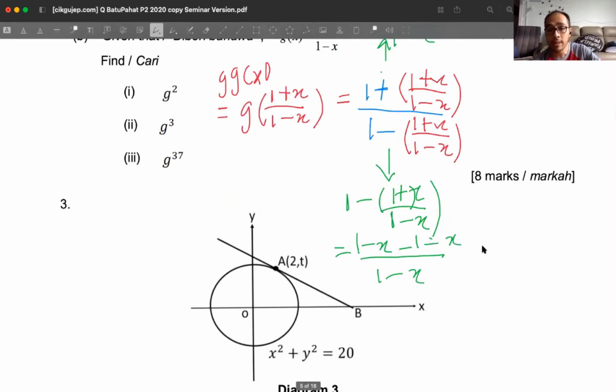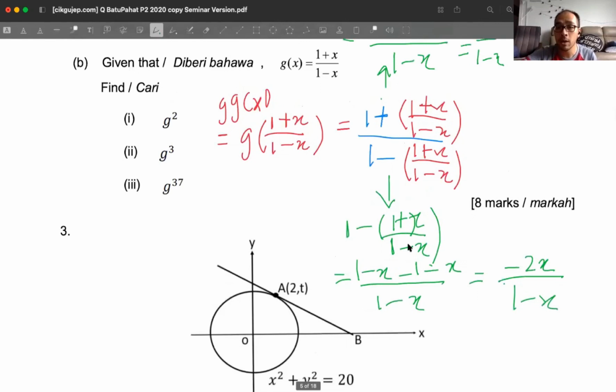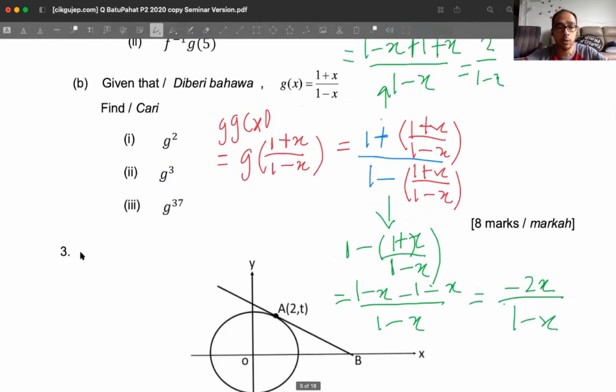So this will give us 1 minus 1 is 0, minus x is minus 2x over 1 minus x. Now I'm going to combine this all, and on the top over here is 2 over 1 minus x.